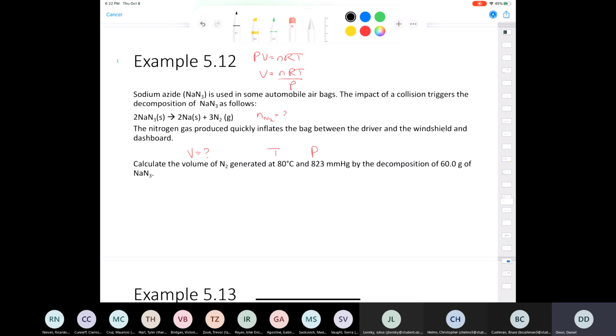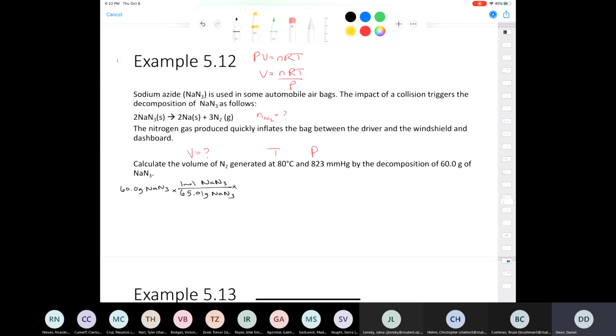This is just your classic stoichiometry problem. We know that we have 60.0 grams of sodium azide. I've gone ahead and looked up the molar mass of sodium azide, which is 65.01 grams of sodium azide in 1 mole of sodium azide.